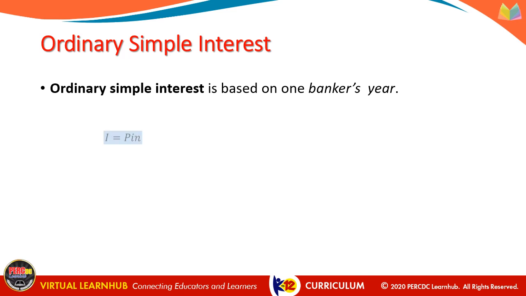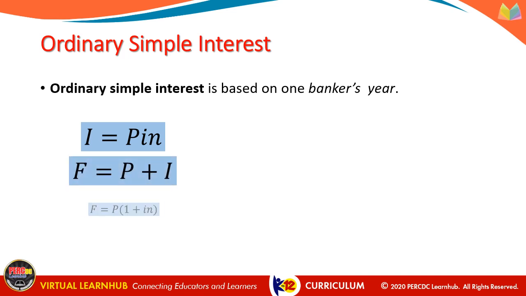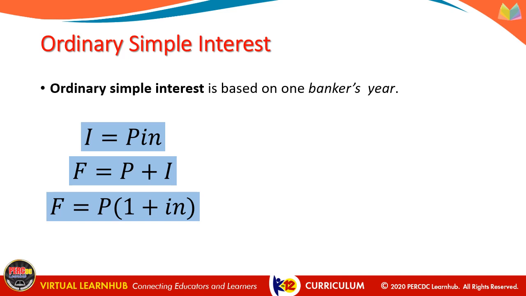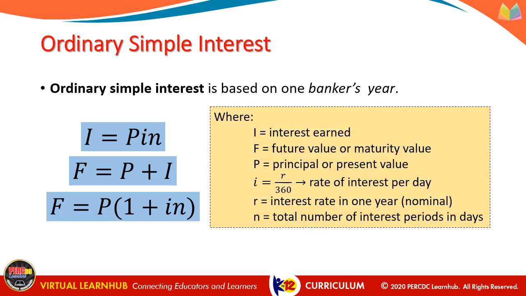We use the formulas I = Prn, F = P + I, F = P(1 + in), where uppercase I is the interest earned, F is the future value or maturity value, P is the principal or present value, lowercase i = r/360, that is our rate of interest per day, where r is the interest rate in 1 year or what we call nominal rate, and n is the total number of interest periods in days. Okay?